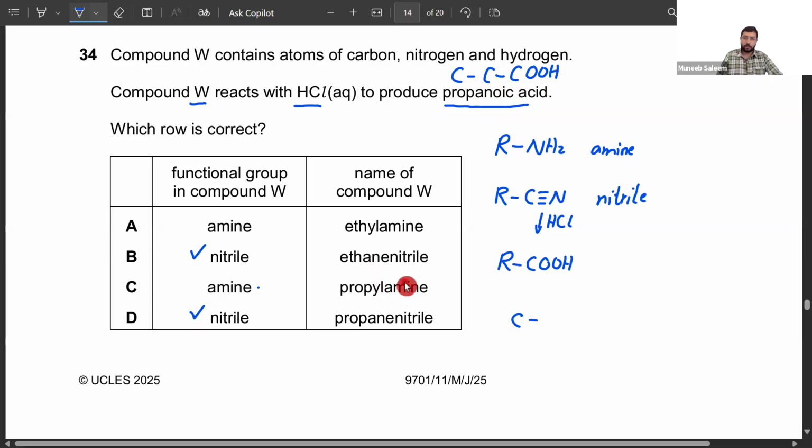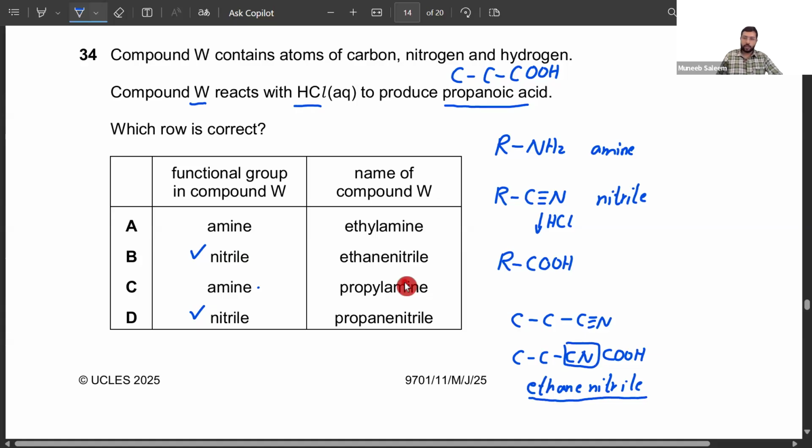It is named like this. If we have this type of compound, or in other words, I would write like this, this is called ethane nitrile. Now this CN will be converted into COOH, which means there are 2 carbon atoms before that, and the name of such compound is ethane nitrile.